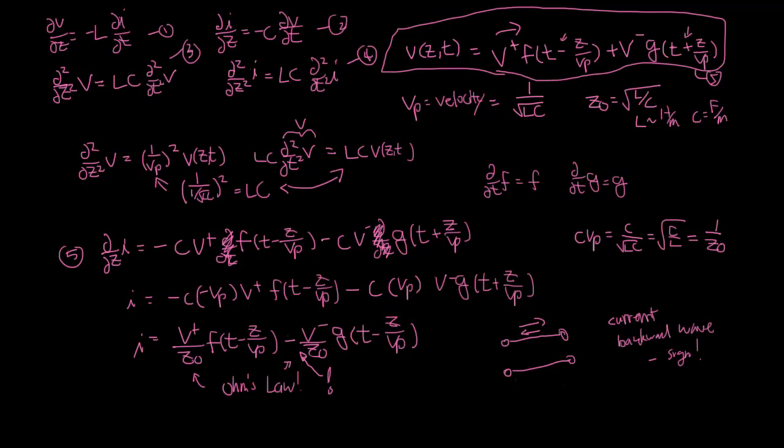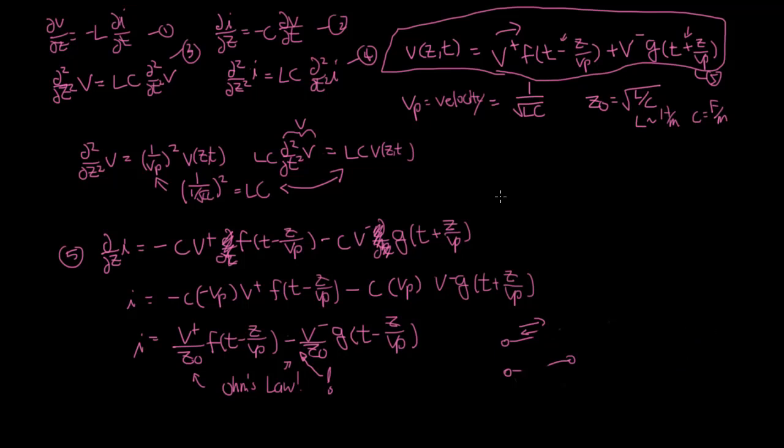Now let's wrap up by doing a little bit of a conceptual exercise by looking at a specific solution. Let's say I'm describing some waves on a transmission line, and the equation for the voltage is going to be A times some function of 2t minus z, plus some other function, some other wave, B times a function of 4t plus 3z.